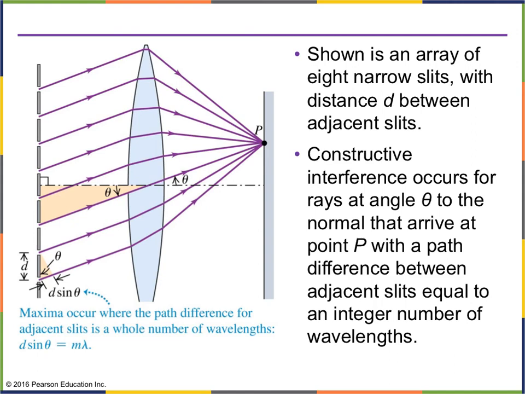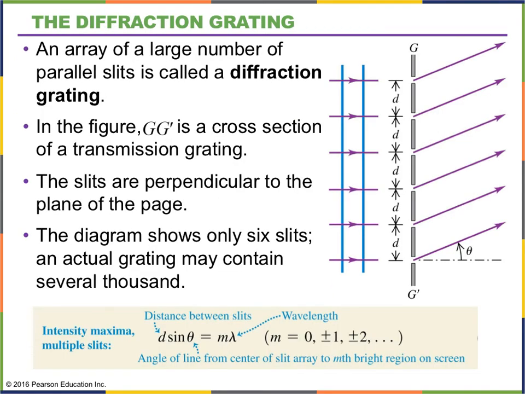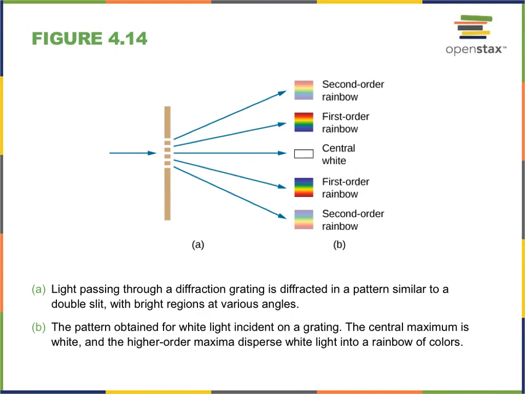Because the distance between slits is called d, if you take two adjacent slits, and the difference in path is equal to a multiple of the wavelength, you're going to get constructive interference. So that's the condition for constructive interference. But let's look at what we see when we look through a diffraction grating.